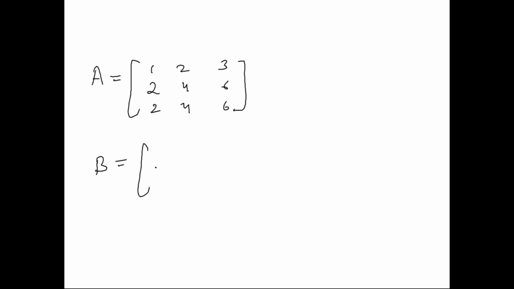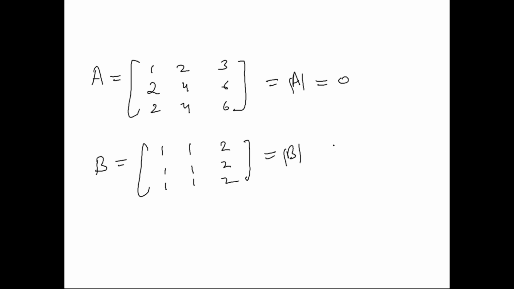Okay. What does it say? Let us say this is this. Find out the determinant for A. Avni, find out determinant A. Ishwar, find out determinant B. Determinant A is 0.